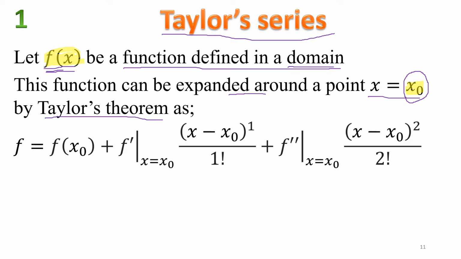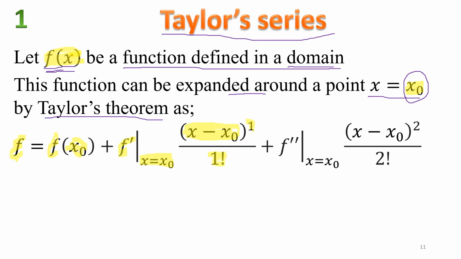This function f of x, here I am simply writing f, just as shorthand. So this is equal to the function at the given point x0, plus the first order derivative of the function at the point we are talking about, that is x equal to x0, into (x minus x0), how far you are moving away from the point, to the power 1 upon 1 factorial.